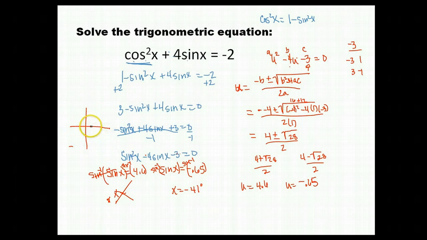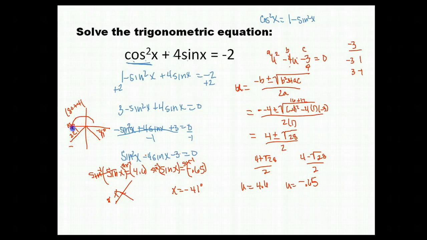But then you have to remember that negative 41 degrees, if that's one of the answers, where is sine also negative? It's also negative in this quadrant. So 41 degrees away from 180. Okay, so if we go 180 plus 41, we get 221 degrees.